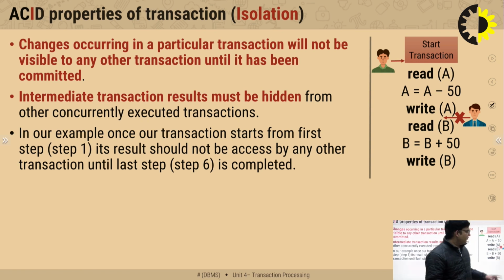Then read B, B equal to B plus 50, write B. Now, after the completion of the last line, the result can be visible to other transactions, but in between, these values should not be visible. That is the property of isolation, that is, intermediate results must be hidden from other transactions.